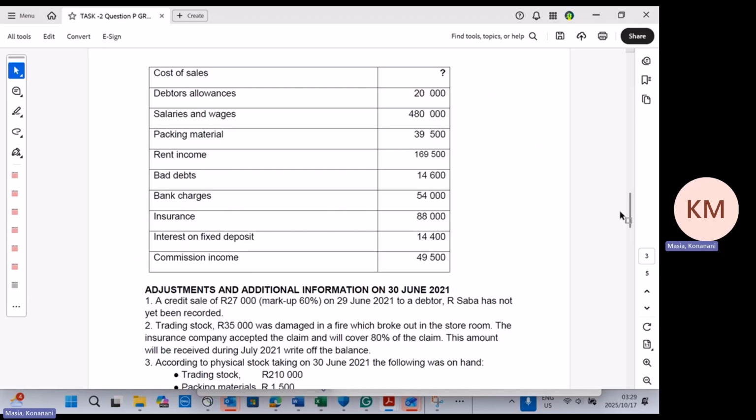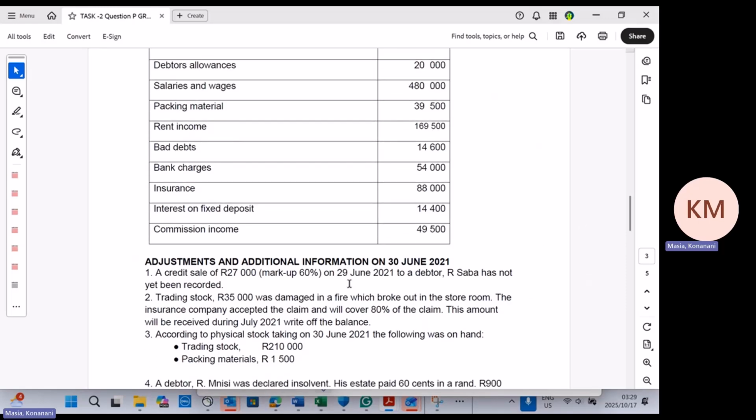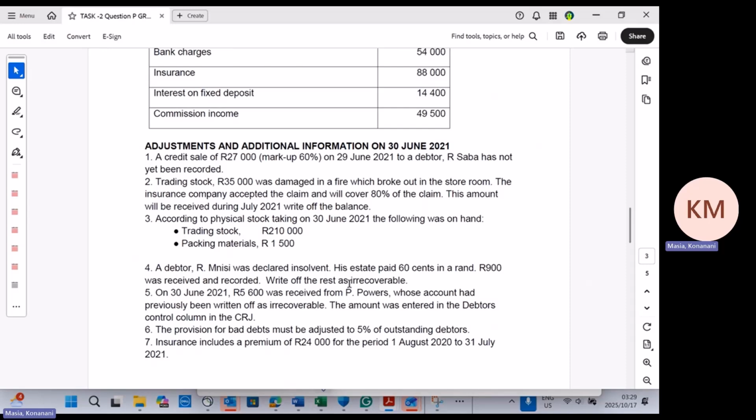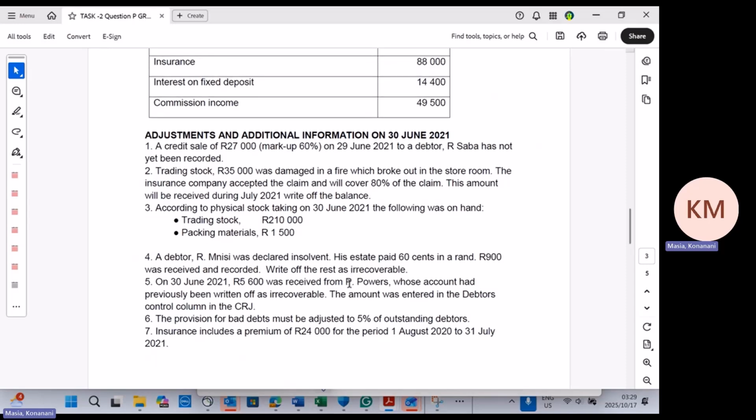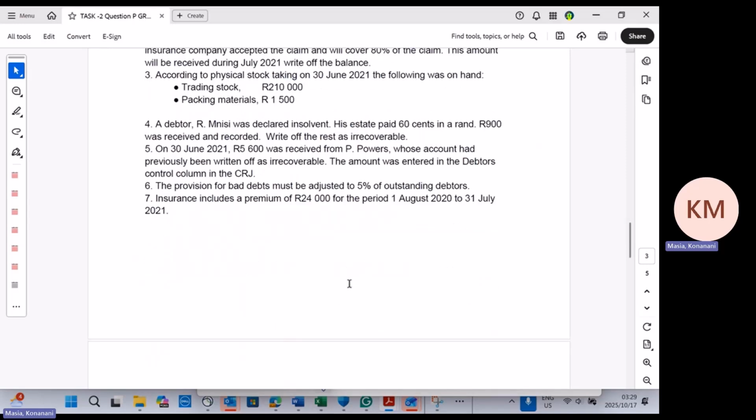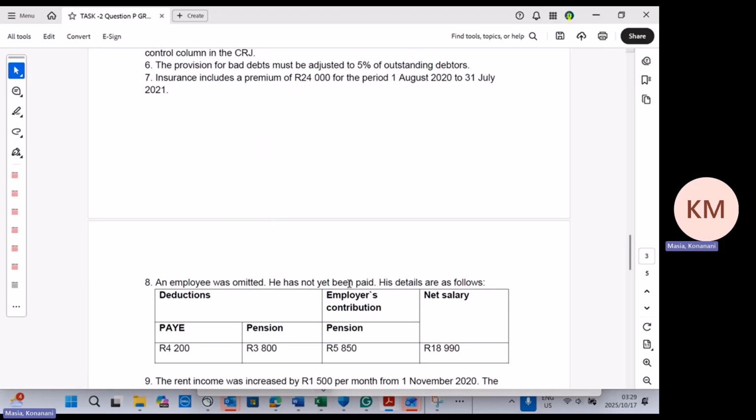But let's see if there's any adjustment. What is important here is you start with the 480,000 provided, but you also need to ask whether you were provided with any adjustment with regard to salaries. Let's go to salaries and see whether there's any issue that I need to consider. Here I've been told that an employee was omitted and has not yet been paid, and these details are as follows.